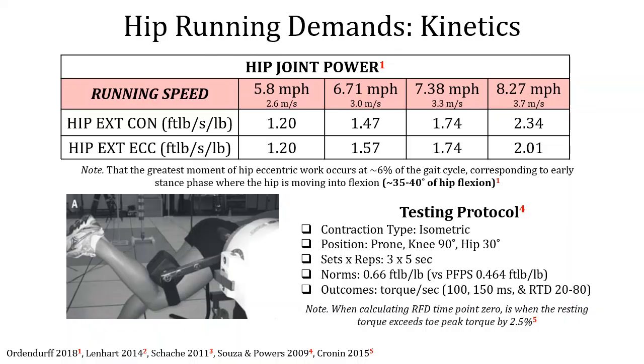But what we can do is extrapolate and utilize the information we do have available, which is at the knee. At the knee, it is recommended that the rate of torque development 20-80 values are going to be more consistent with those forces that we see with running, rather than taking the torque produced at 100 or 150 milliseconds.